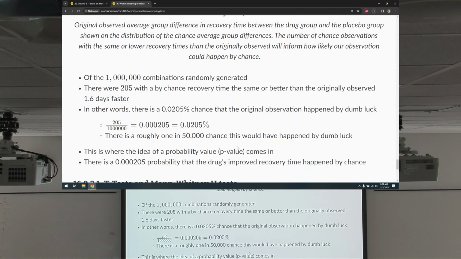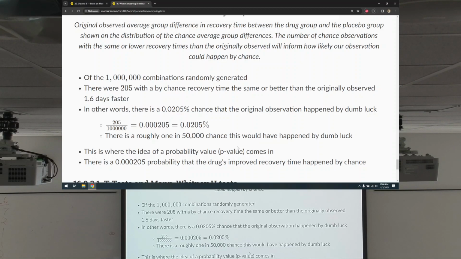There's a 1 in 50,000 chance that the drug got me an average recovery time of 1.6 by chance. It improved the recovery time by chance. We have the dumb luck distribution. We have a real observation. So what are the odds that a real observation happened by dumb luck? Well, what proportion was just as good, if not better, than what we actually observed? 205 out of a million. Great.